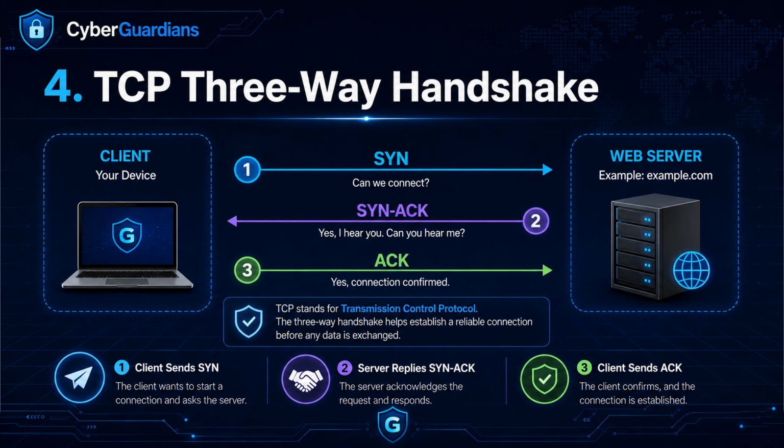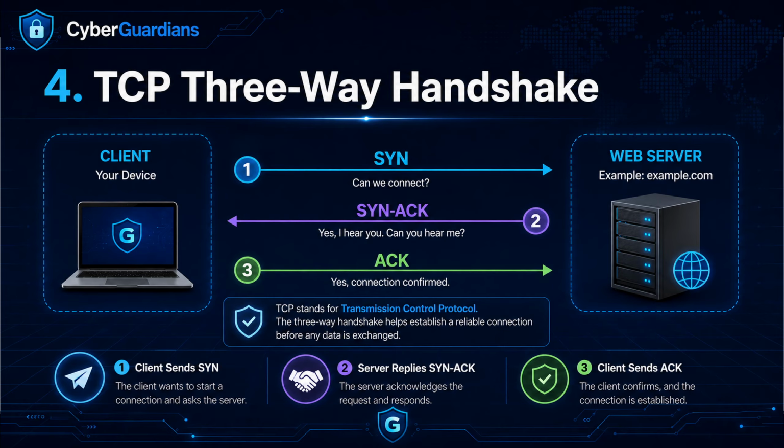In simple terms, it works like this. My device sends SYN, or synchronize, which means, can we connect? The server responds with synchronize-acknowledge, which means, yeah, I hear you. Can you hear me? Then my device sends acknowledge, which means, yes, connection confirmed.